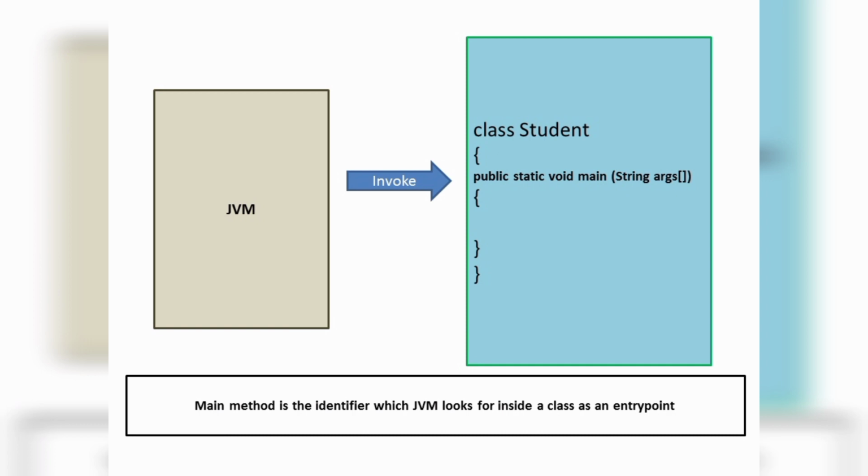One more thing needs to be clear: the JVM will also look for such a public static void main method which has a string type array passed as a parameter. That is why we have to write this whole line as public static void main, where we are just passing the string args as the parameter.